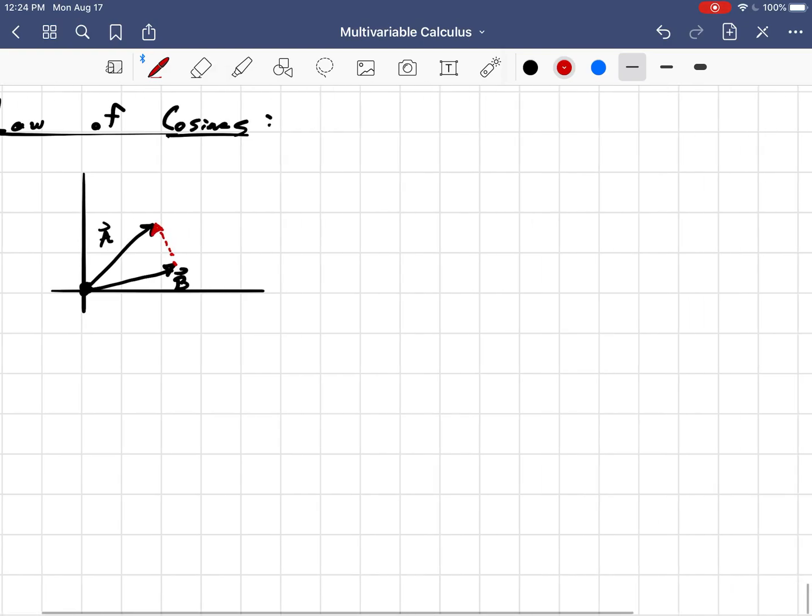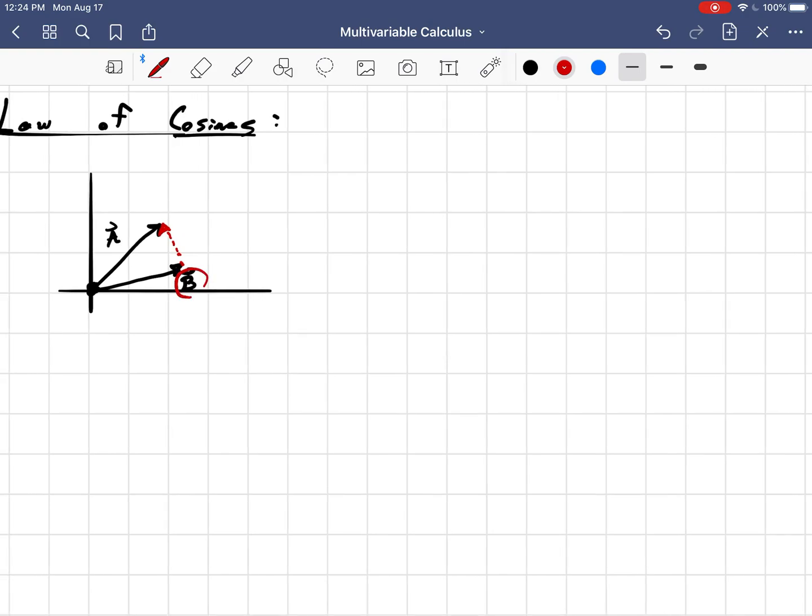Well, it's what you need to add to B to get A. You need to add A minus B, because A minus B plus B is A. And so let's call this also vector C. So this red vector is the difference between A and B, and we're going to call that C.